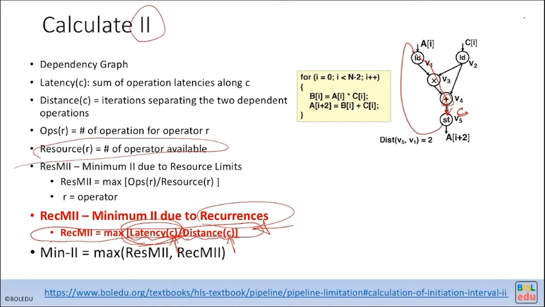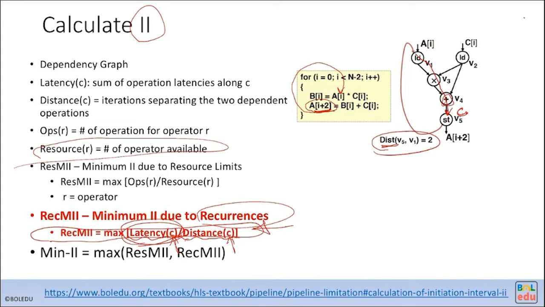For example, here A[i+2] will be used two iterations later. So the distance is 2.